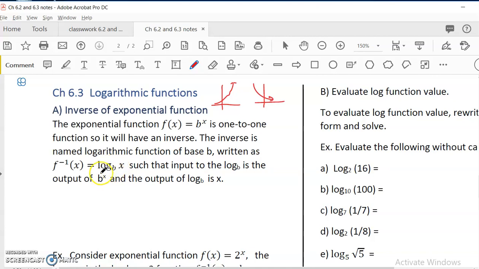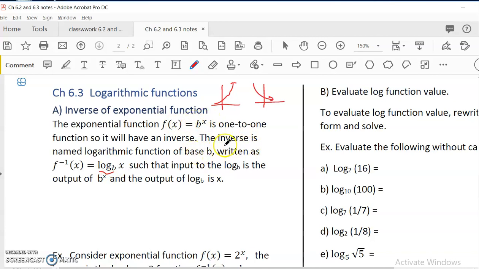This is the name of the function. The b here has nothing to do with the x. The x is the input to the log function, so they are separate. Log base b is the name of this function, the inverse of b to the x.